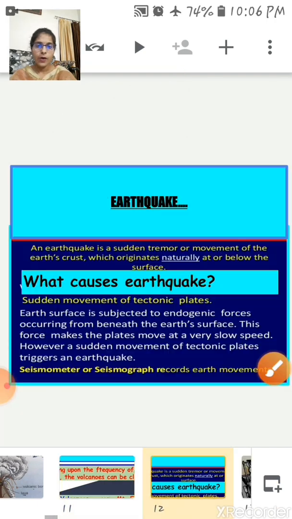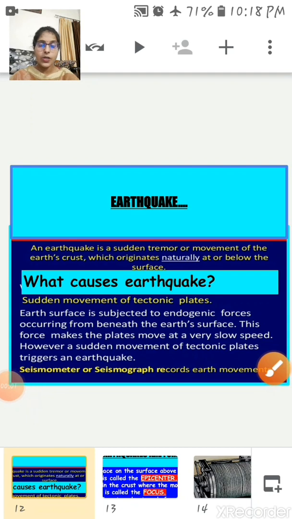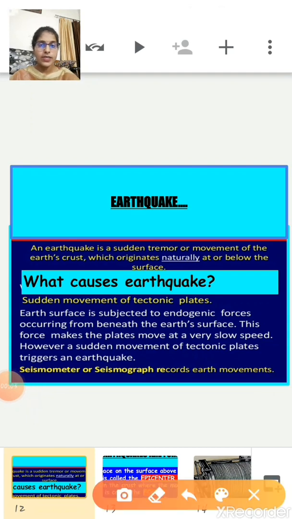Okay, now next, what is earthquake? So basically earthquake is a sudden vibration caused by the movement of lithospheric plate or the tectonic plate. Remember tectonic plate? Basically when two tectonic plates collide with each other, we feel vibration on the earth's surface.